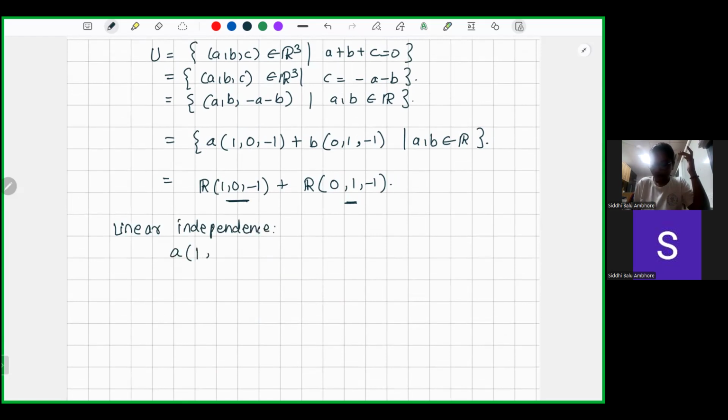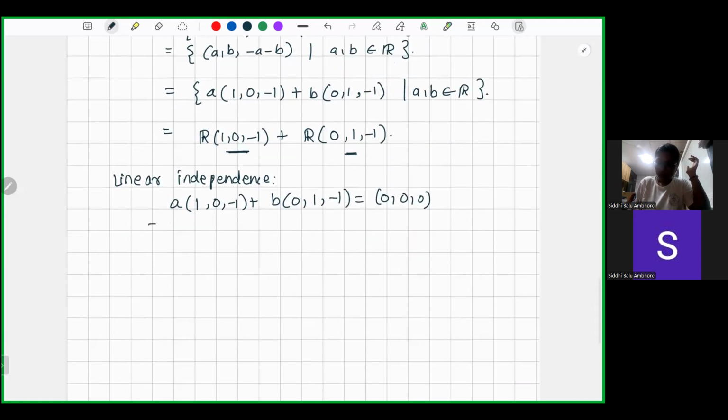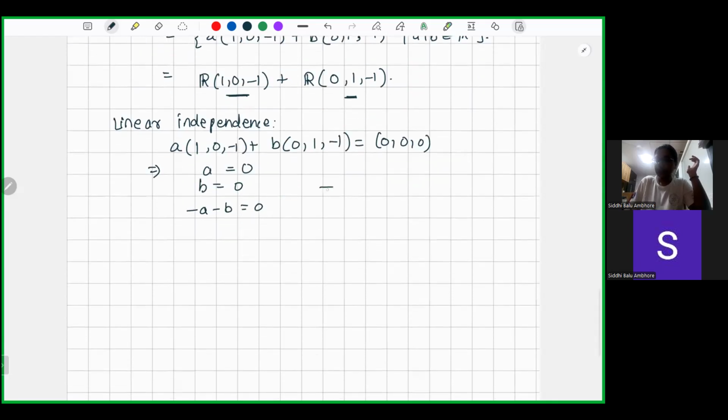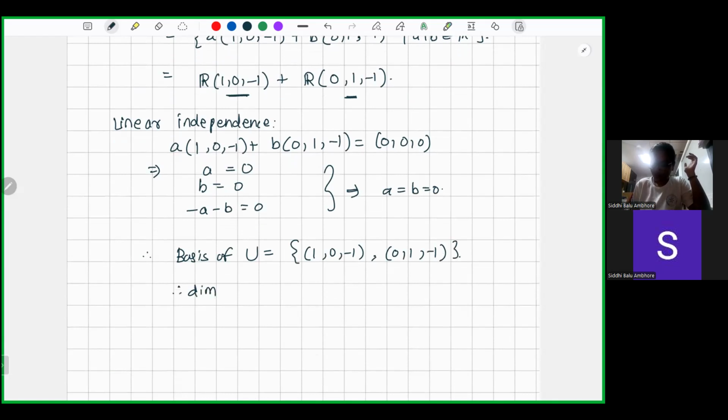Suppose a combination is zero; this implies A is equal to 0, B is equal to 0. So we get that A and B both are 0. Therefore, this is a basis of U. Therefore, dimension of U is 2. Similarly, we will calculate dimension of W.